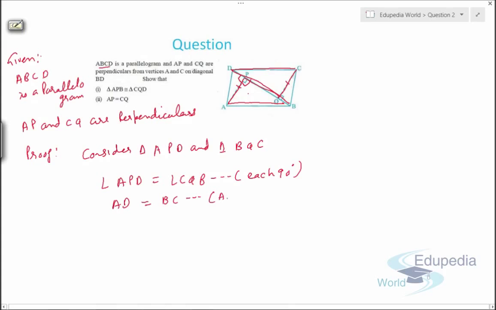Why? Because ABCD is a parallelogram and opposite sides are equal. Now we can say that this angle equals this angle. Why? Because AD is parallel to BC and BD is a transversal. So we can say that angle ADP equals angle CBQ. Why? Because they are alternate angles.